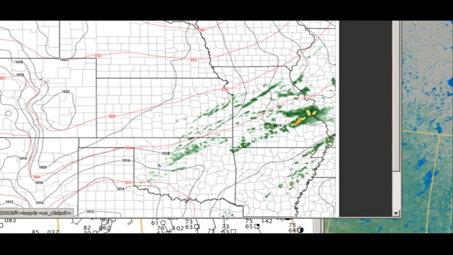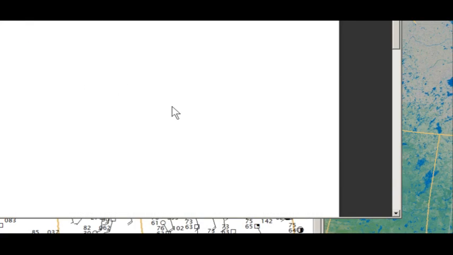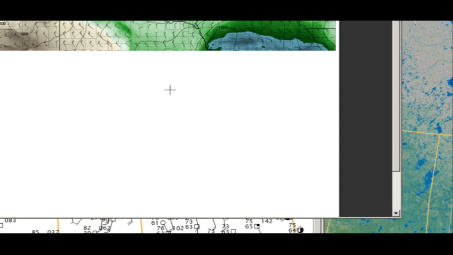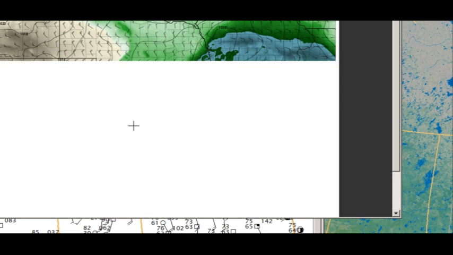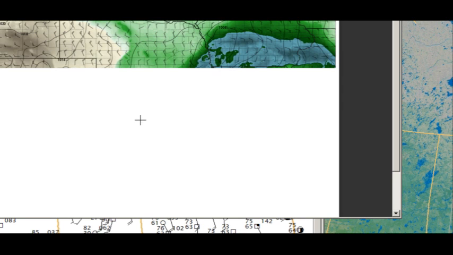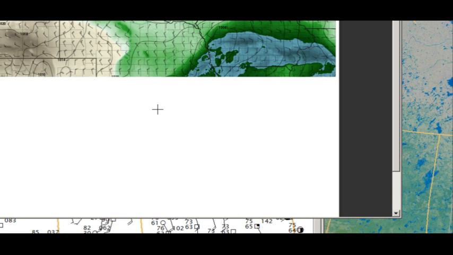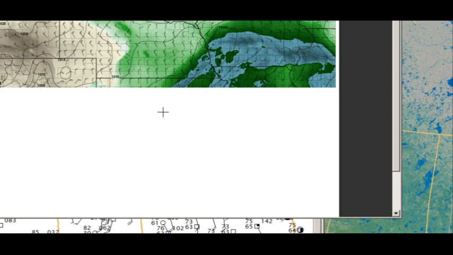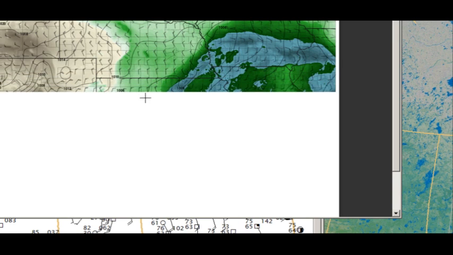I'm going to switch over to dew point and wind, and I'll show you what I'm talking about here. It says we're coming in at 300 baud here or something.